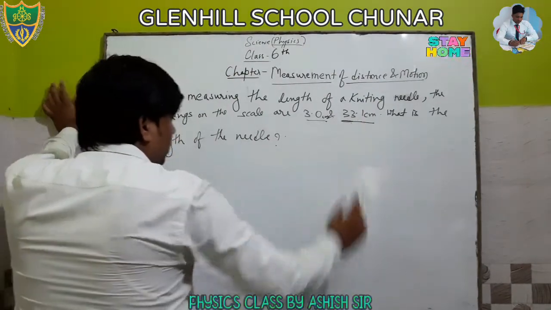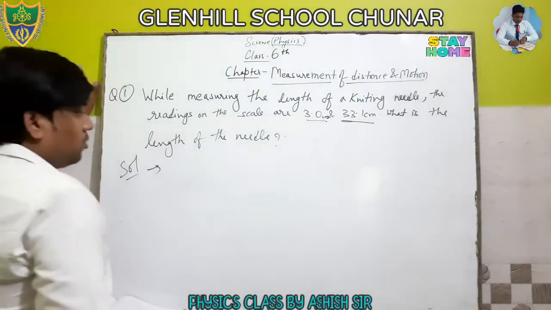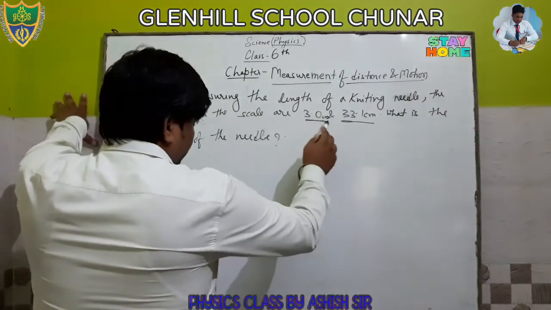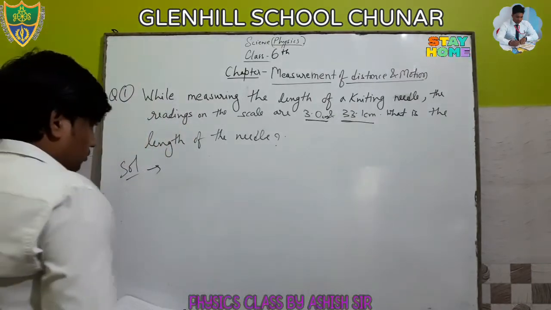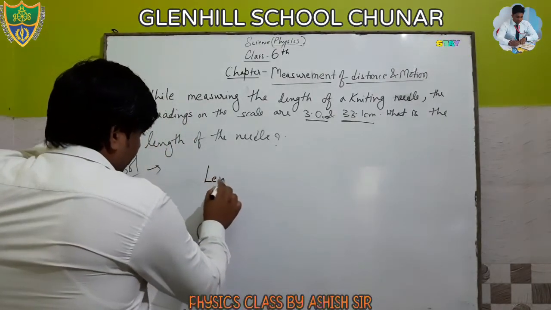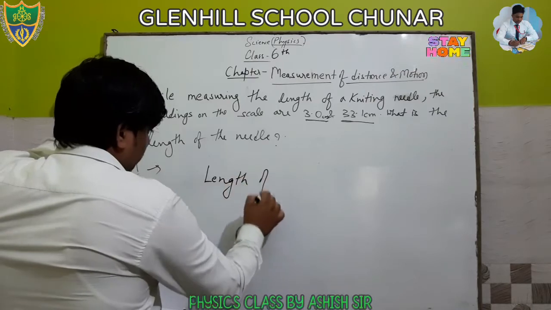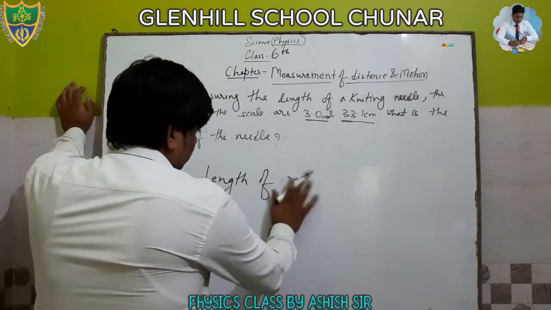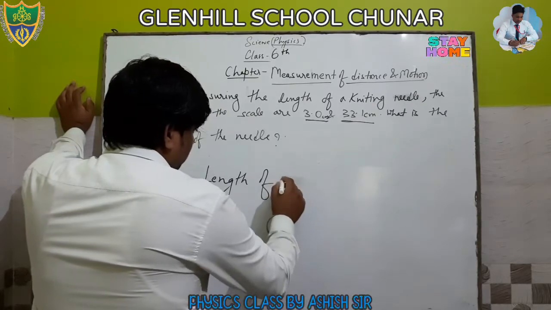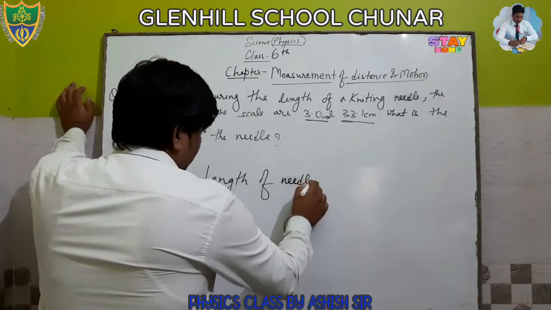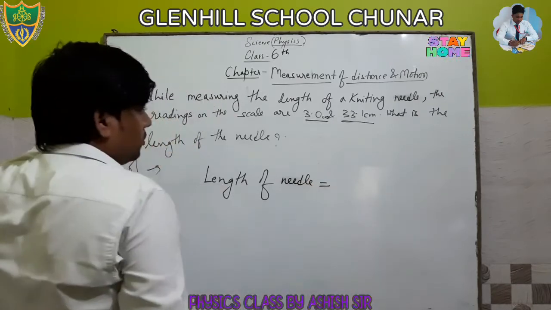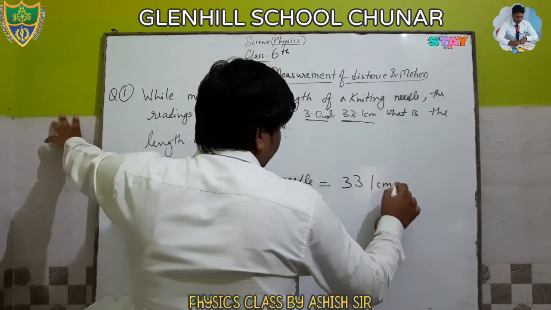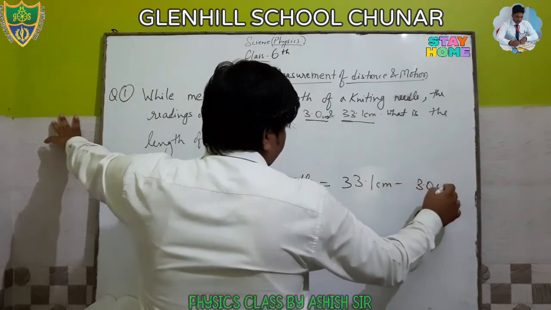This is your last reading, so you subtract the starting reading from the last reading. So you write here, length of needle is equal to 33.1 centimeter minus 3.0 centimeter.